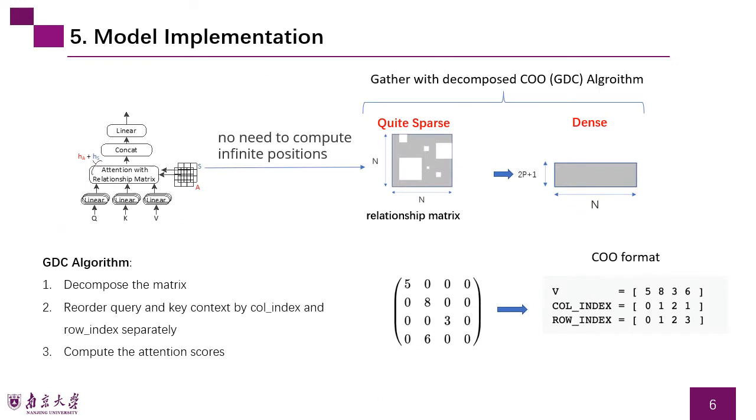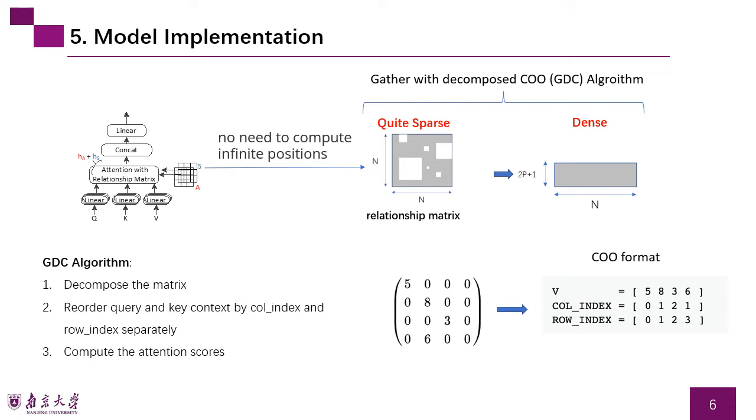Next, I will talk about the implementation of the model. As we consider ancestor-descendant and sibling relationships, we use different relationships in different heads. H_A means the number of heads used for ancestor-descendant relationship, and H_S means the number of heads used for sibling relationship. As we only need to compute attention scores for the related node pairs, there is no need to compute infinite positions.